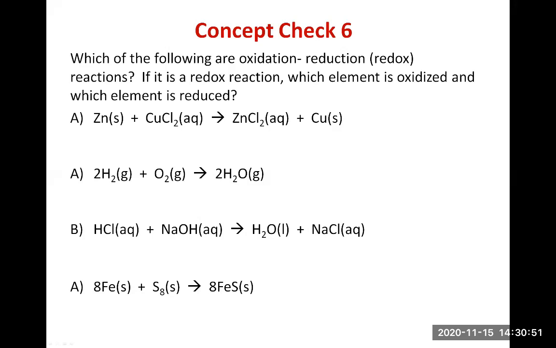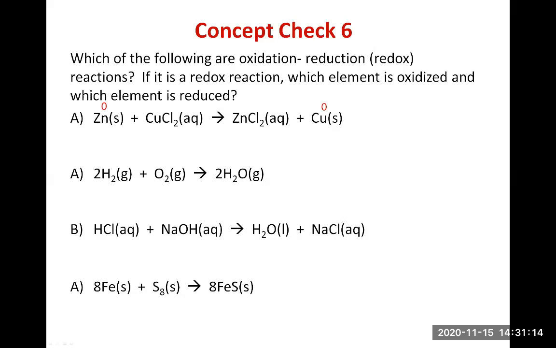When we have copper or zinc as metals, as solid, just the symbol of the metal by itself, they are in their natural state and their charge will be a zero charge. The other two are ionic compounds. So you find what ions they are to find the charge on each element.